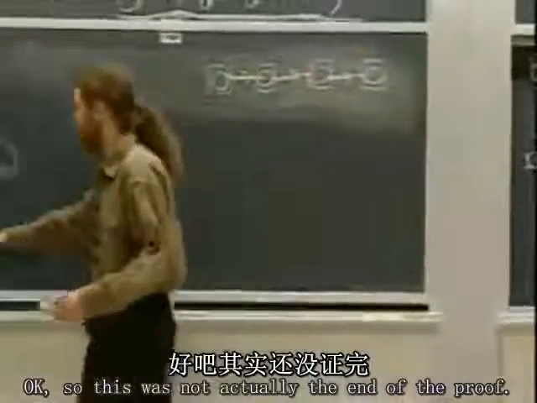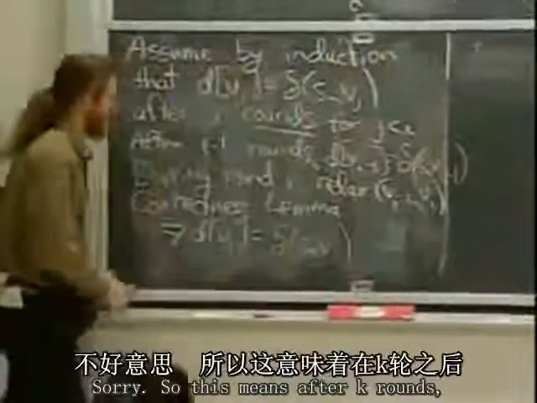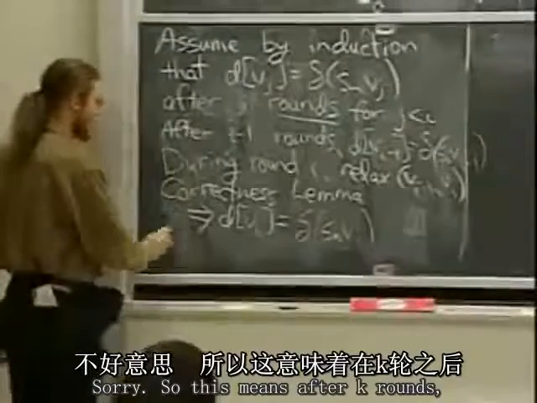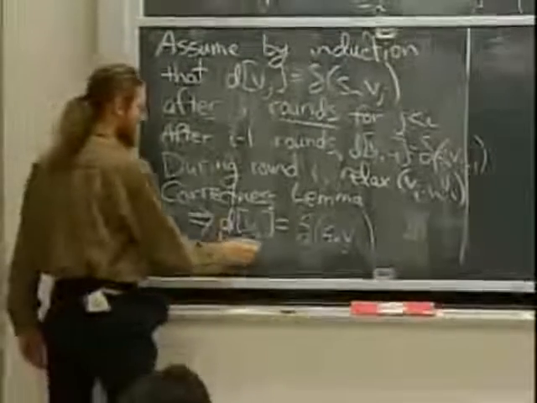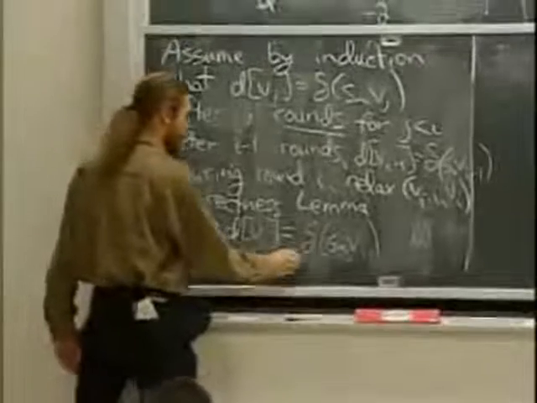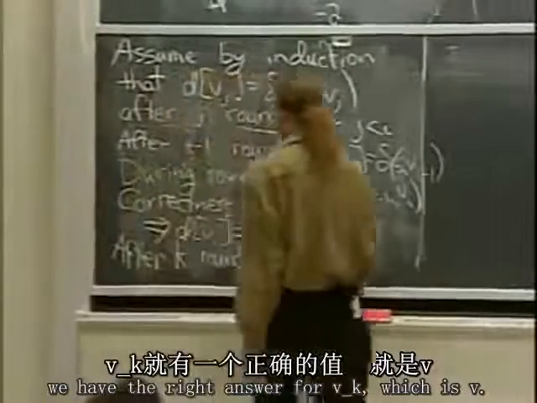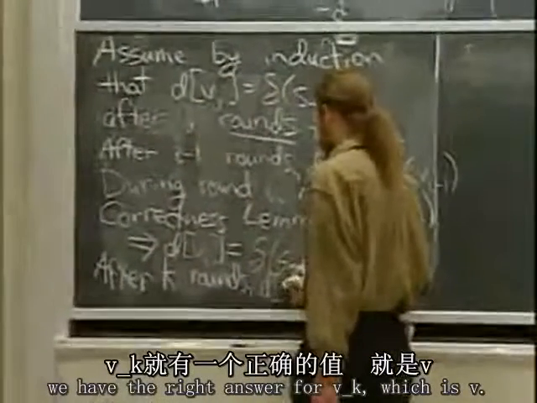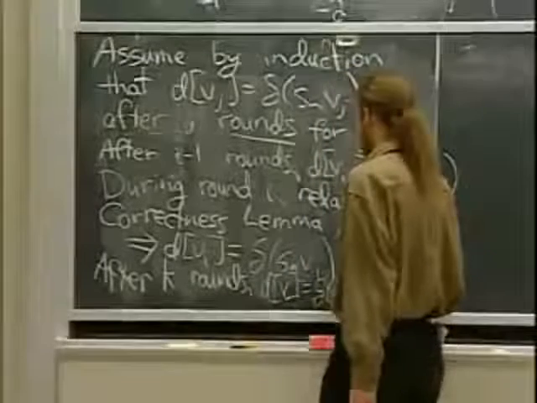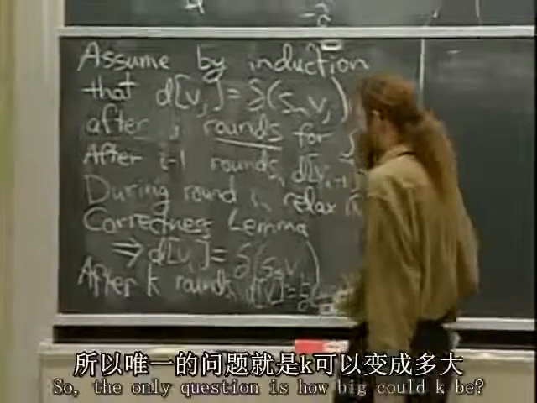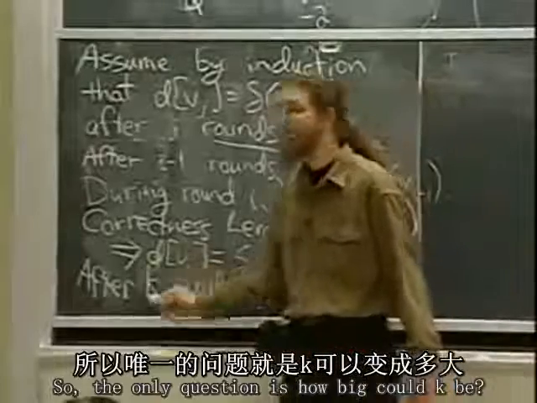Okay, so this was not actually the end of the proof, sorry. So this means after k rounds, we have the right answer for vk, which is v. So the only question is, how big could k be?